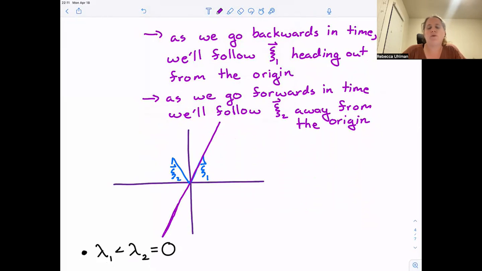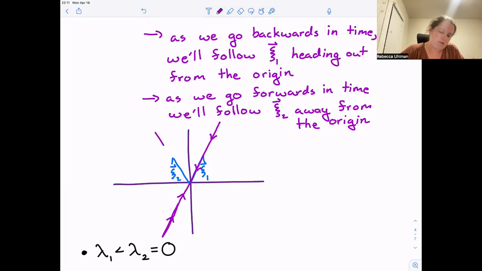So drawing the line through the origin, following the direction of psi1. This one, as time passes, the scalar heads towards the origin, or the scalar heads towards 0. So in this case, we'll start off at the outskirts, heading towards the origin as time passes, as we follow along psi1.